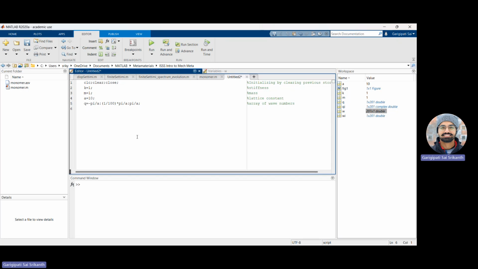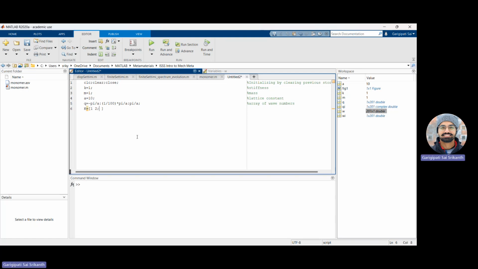I think we can use capital K. Then we need to write it like this is 1, 2.